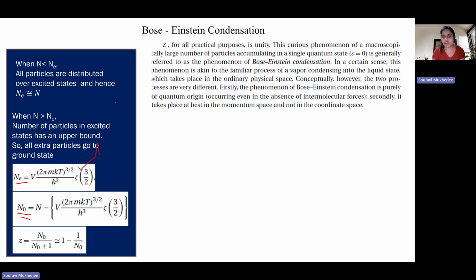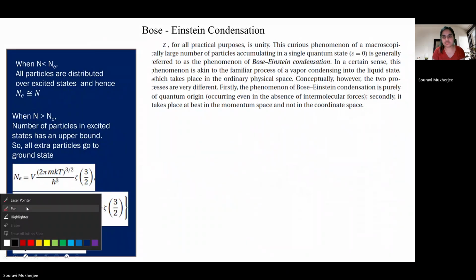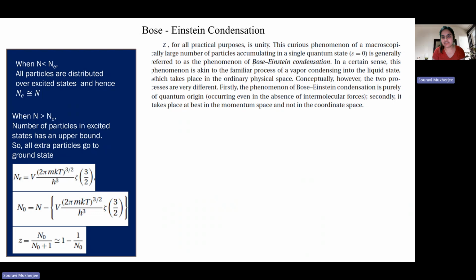This phenomenon of a macroscopically large number of particles accumulating in a single particle state is what is called the Bose-Einstein condensation, BEC.